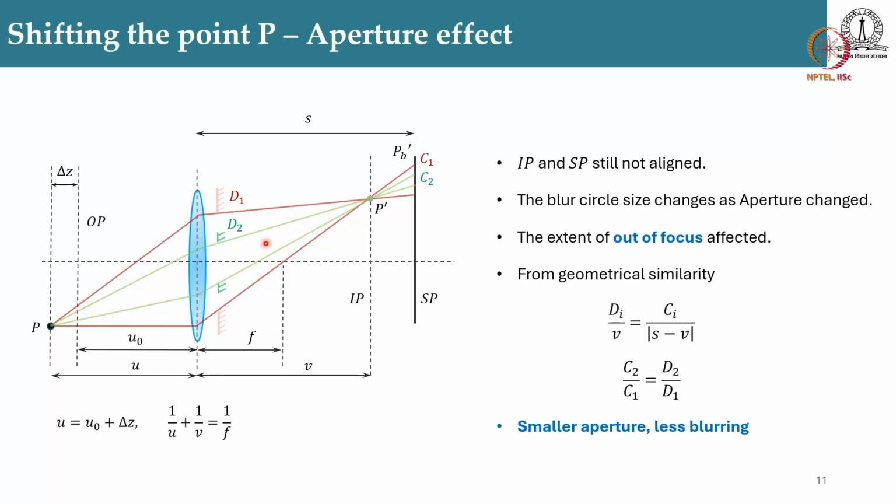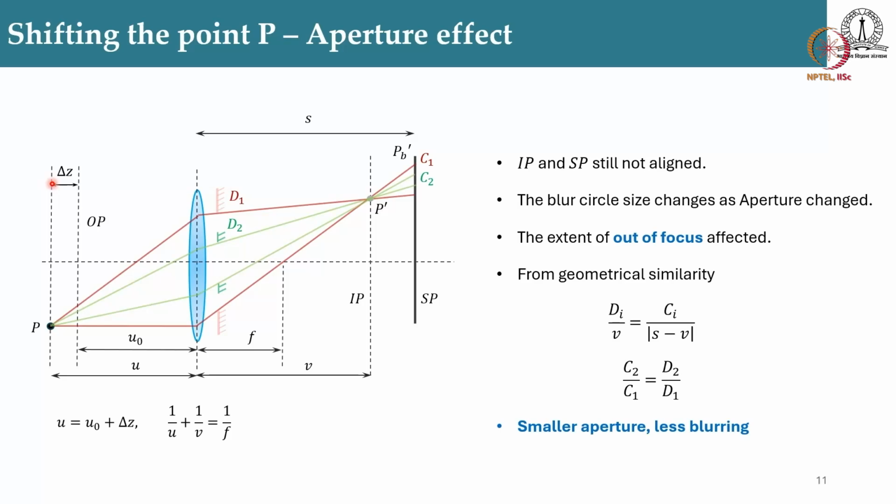But as the cone of light passing through the aperture has reduced, the blur circle diameter has also reduced. So clearly for a larger aperture the blur circle diameter is large, and for a smaller aperture the blur circle diameter is small. What it tells us is that for the same shift delta z, if you have a smaller aperture, the amount of blurring will be less.